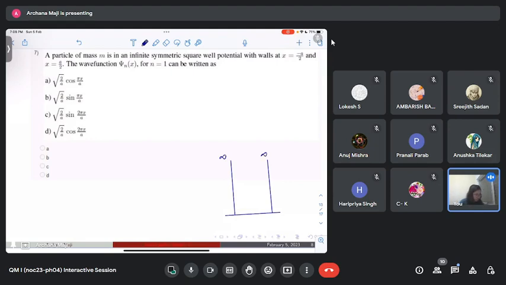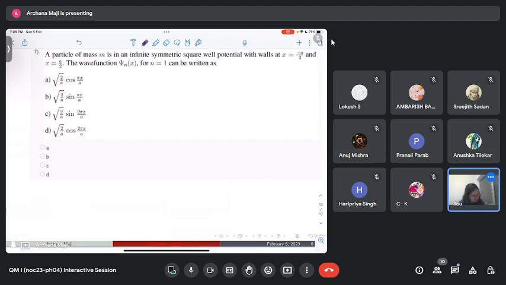So the potential is infinity everywhere beyond x equal to minus a by 2 and x equal to a by 2, and it is 0 inside that region. So V of x is equal to 0 in this region and infinity elsewhere. So the particle is again bound to remain within this region, minus a by 2 to a by 2.